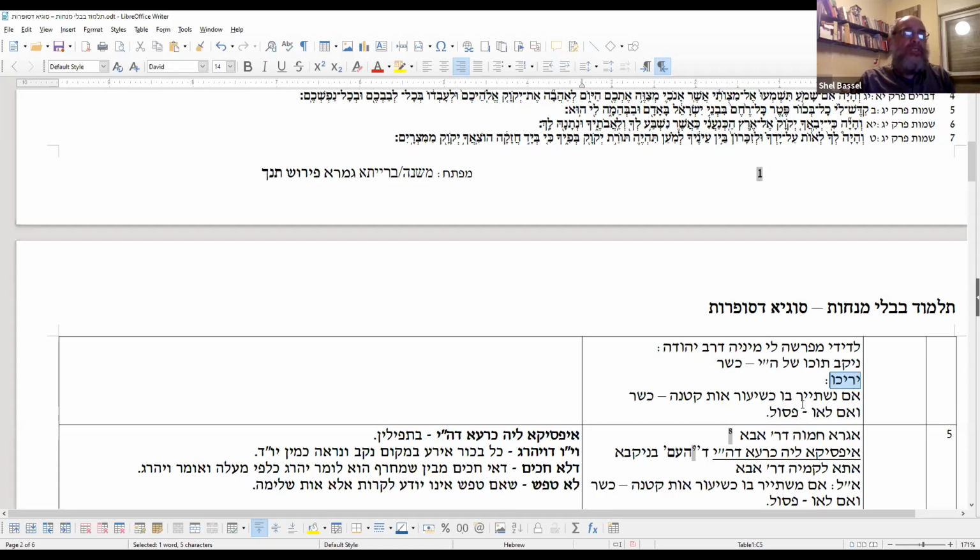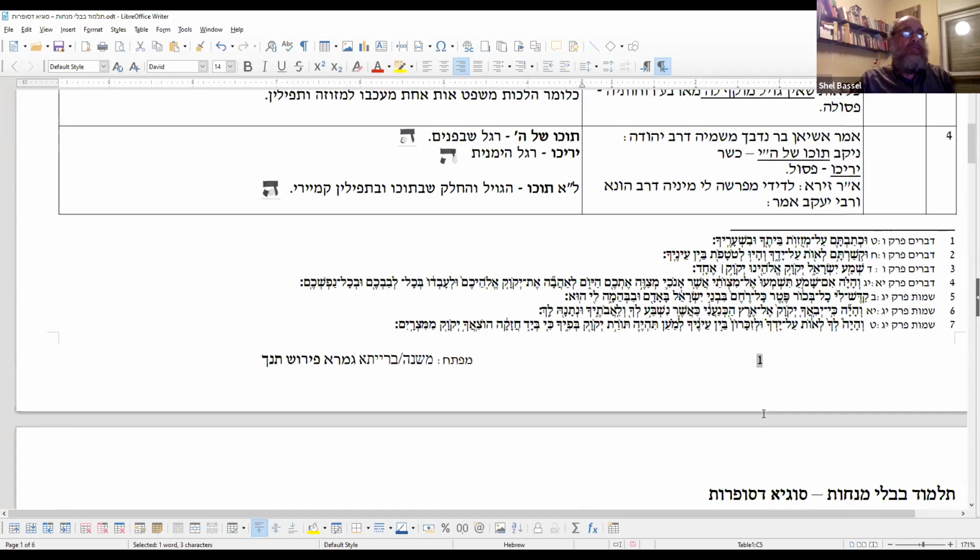Yerecho im nishtayer bo kashiur ot ktana kasher, v'im lav pasul. So here there's a qualification. In the first iteration from Mashiach bar Nidbach in the name of Rabbi Yehuda, he said stam, if the yerech, the right leg of the hay, was punctured, it's pasul, without qualification.